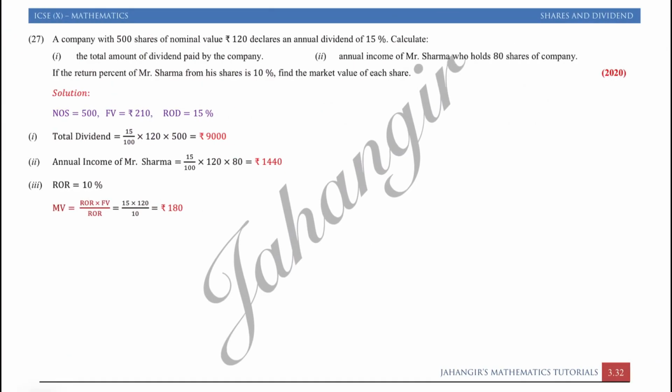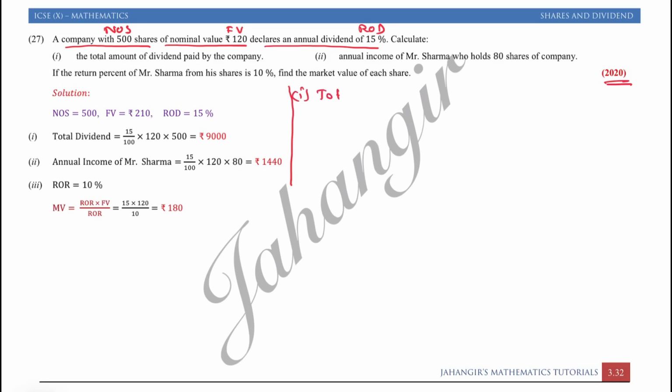Question number 27, a 2020 question. The company with 500 shares of nominal value 120, just the latest question, declares a dividend of 15%. Calculate the total dividend. Here number of shares is 500, nominal value, that is face value, is 120, ROD is 15. So let us find directly the dividend.